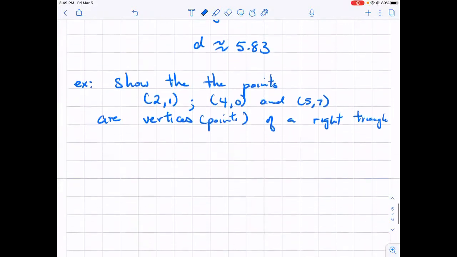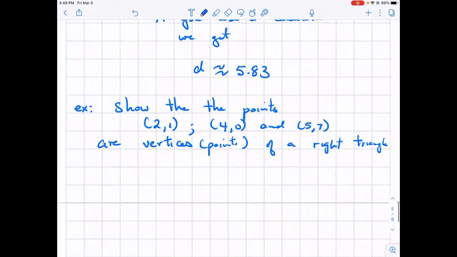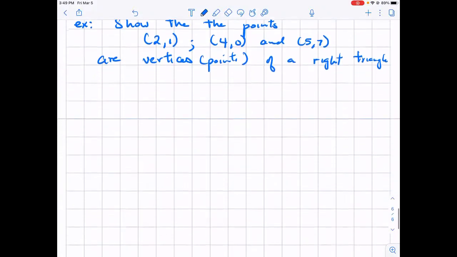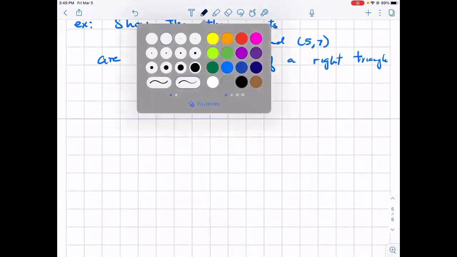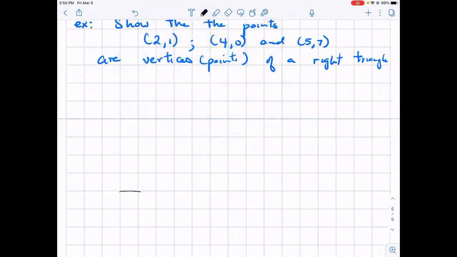So let's put those points on a graph. You don't have to graph this, but I just want you to get a visual picture of what's happening. So let's say I have a point here, then I have a point here. Let's say this is the point 5, 7.